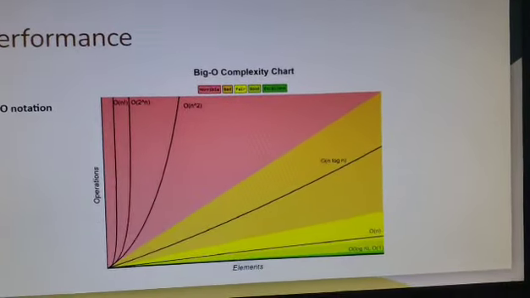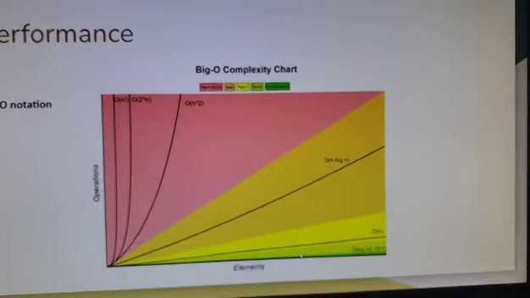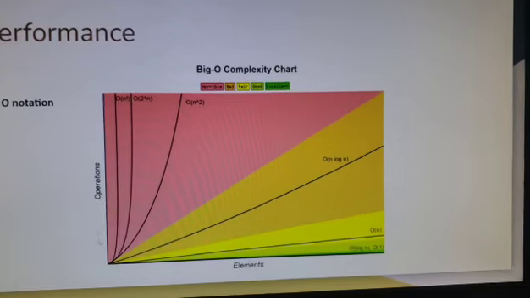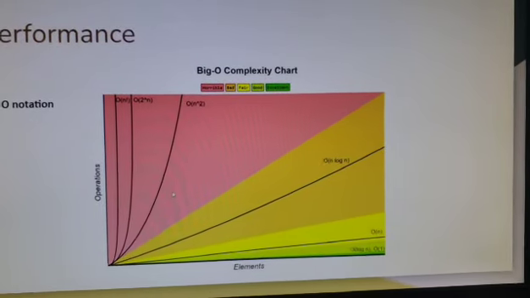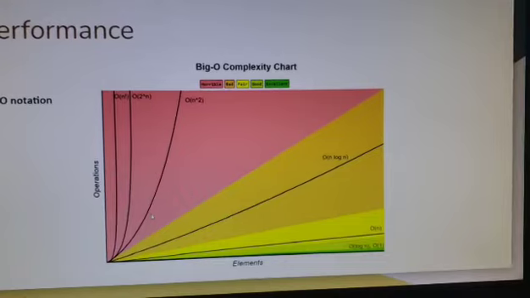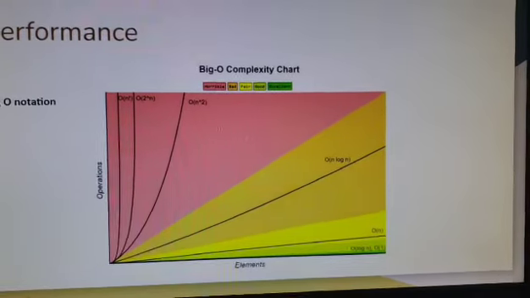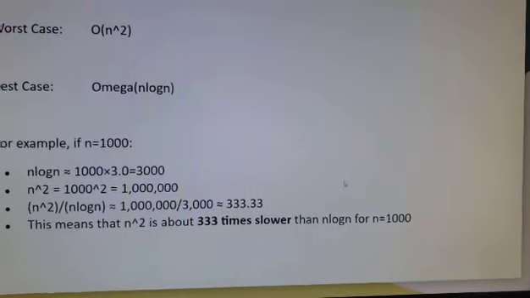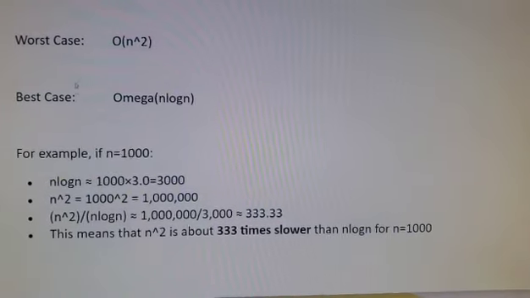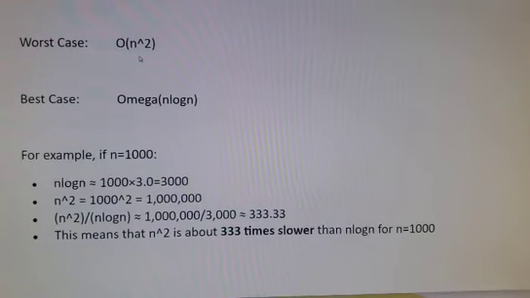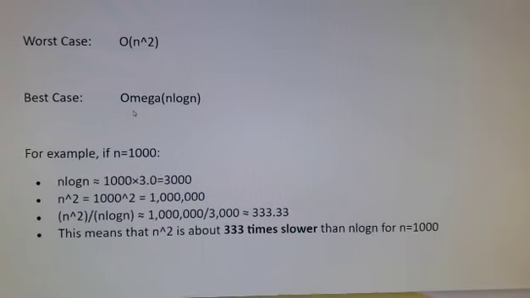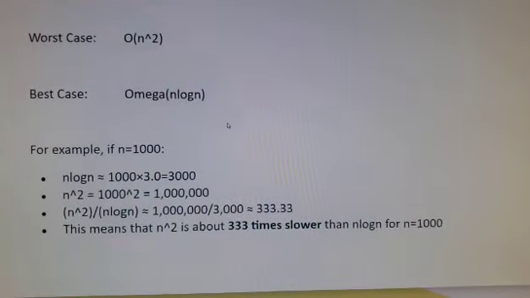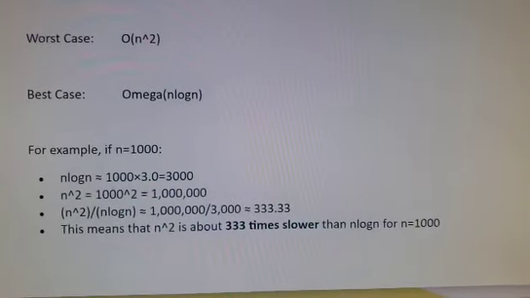So the more elements the list has, the more operations it's going to have to do, which is going to increase the time of performance. And the performance for this algorithm is, as its worst case, O of n squared, and as its best case is O of n log n, which means, here's an example.